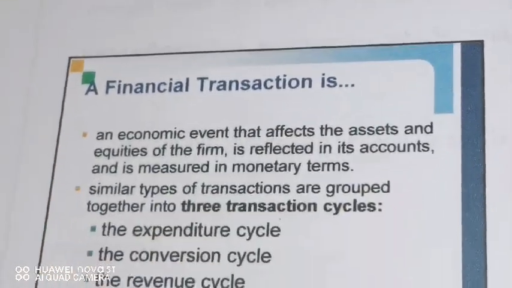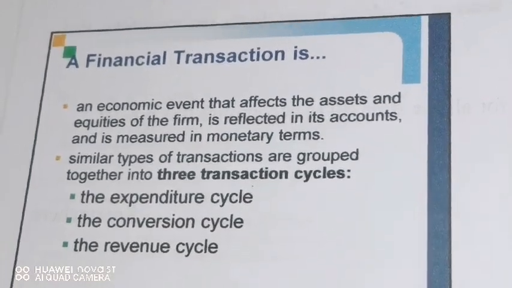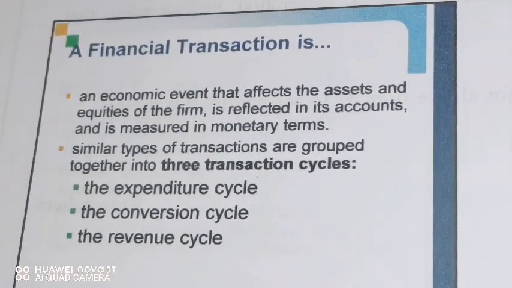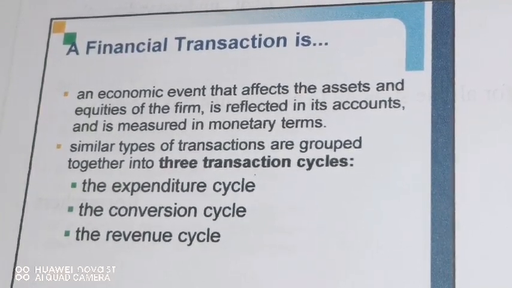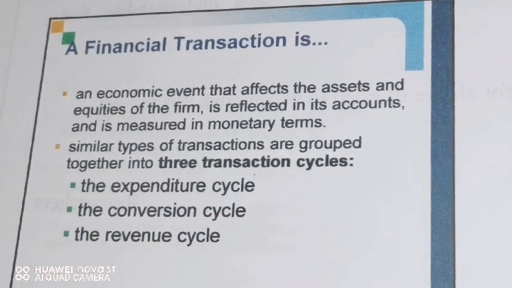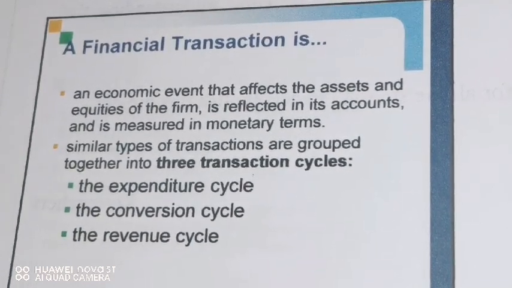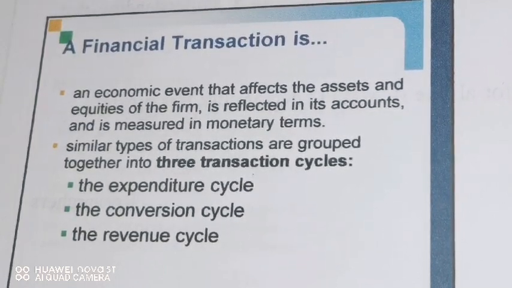First is we have to know the financial transaction. If you recall, financial transaction is already discussed in chapter 1, but it is just a preview. Here, we are going to discuss it in detail. So what is a financial transaction? These are economic events that affect the assets and equities of the firm.